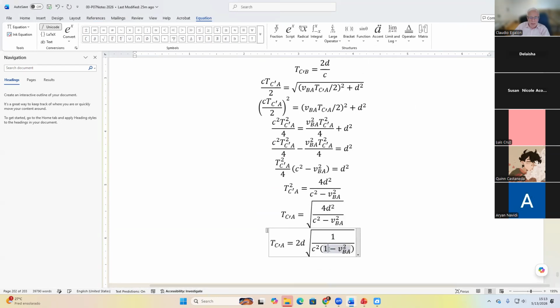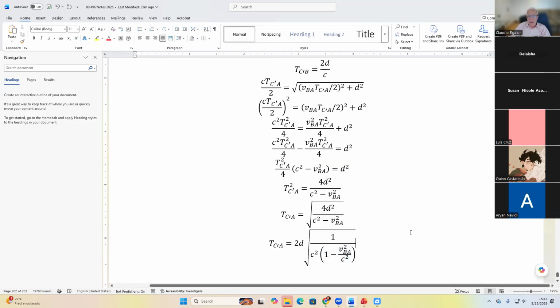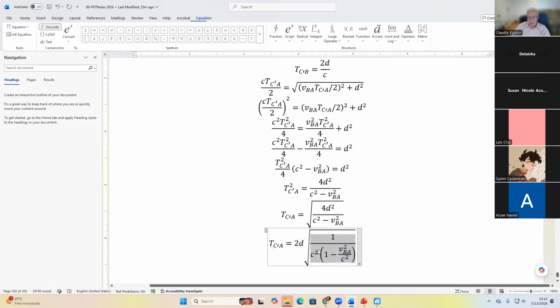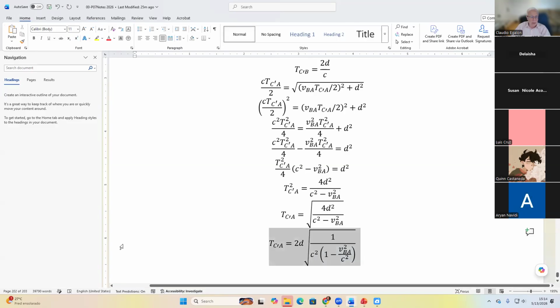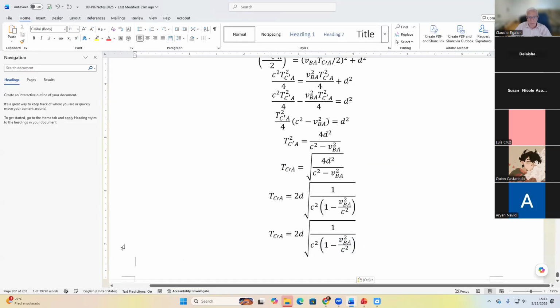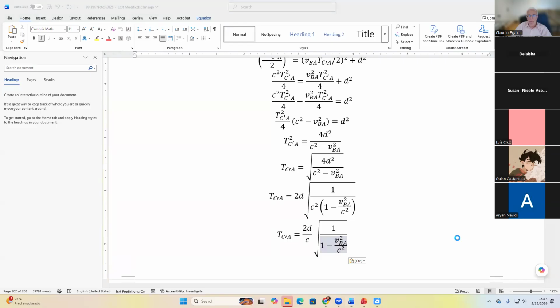I'm going to put the C squared in evidence. When we put the C squared in evidence, we end up just with 1 minus this ratio. And now I can take my C on the outside of the square root. Here you go.